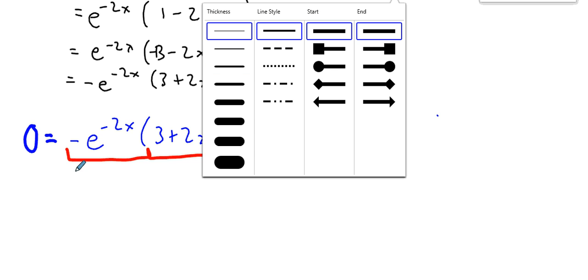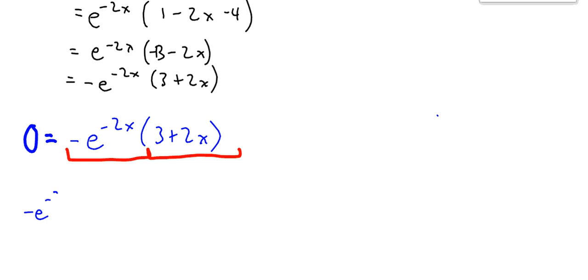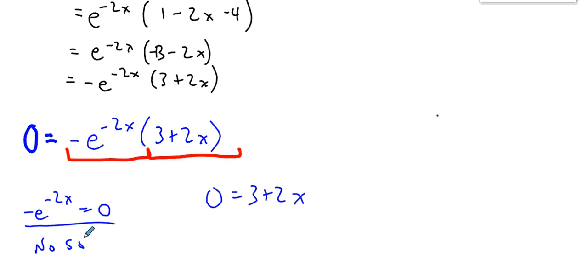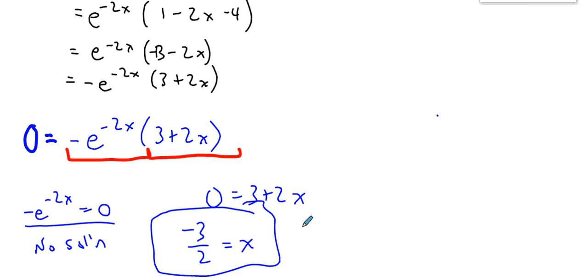So either negative e to the negative 2x equals 0 or 3 plus 2x equals 0. Obviously there are no solutions here because there's no real number that put in the exponent would make this a true statement. But over here, yay, a little bit of nice friendly math. An x value of negative 3 over 2 makes this the true statement. So there's my critical value, and it's about negative 1.5.